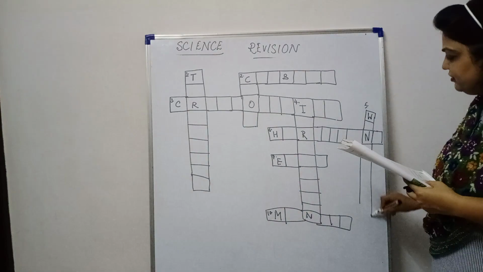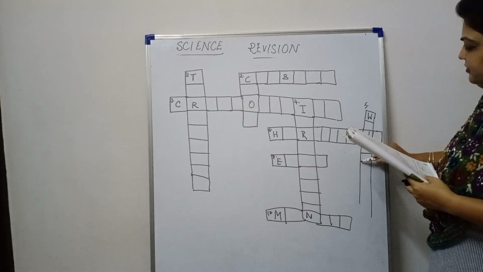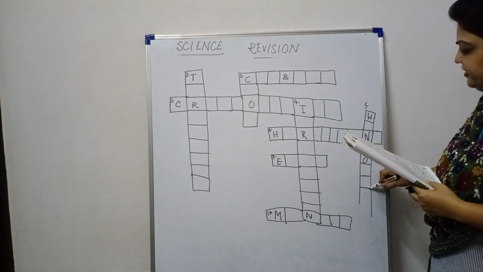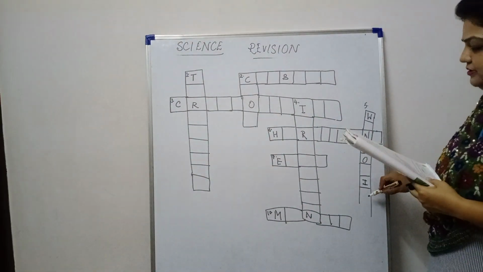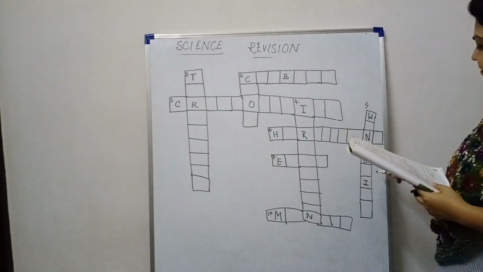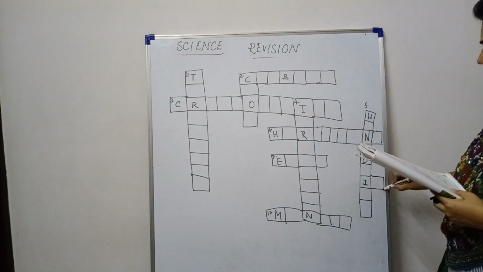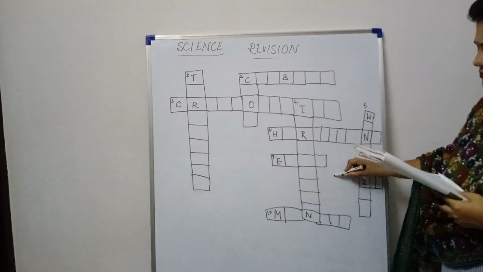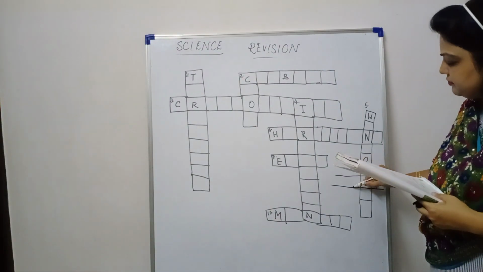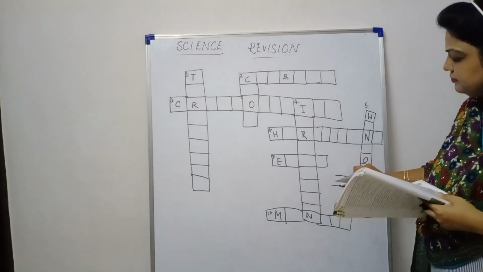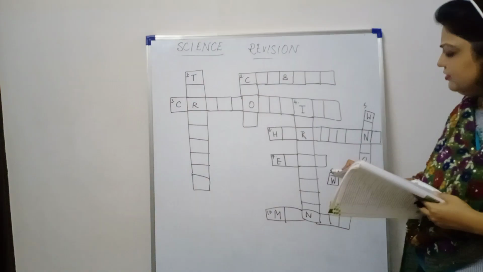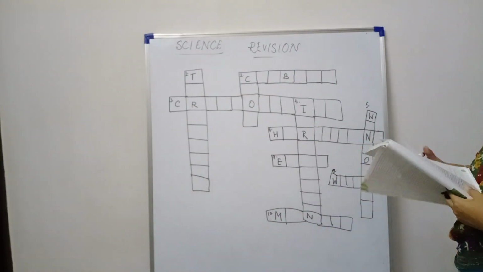Then let's see what all is there. Some more letters are given as a clue. So the puzzle becomes easier. Okay. Then we have here and here we have answer for ninth clue.